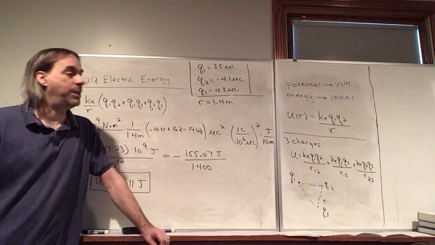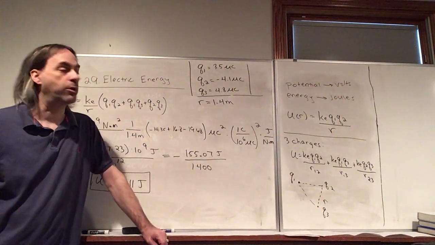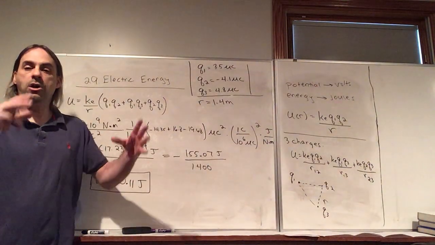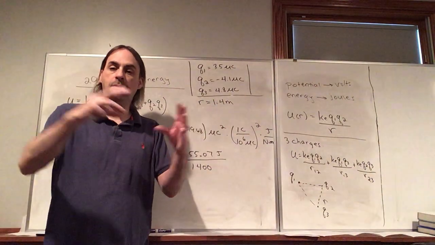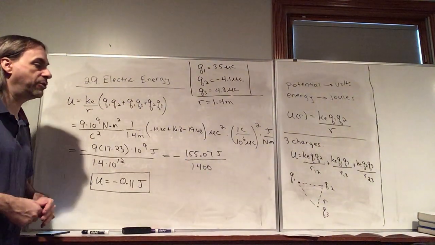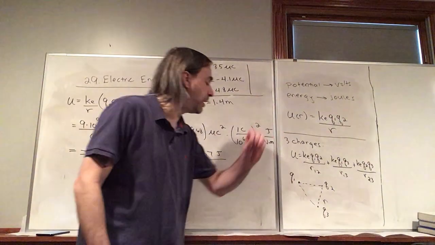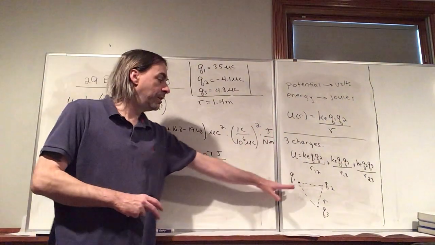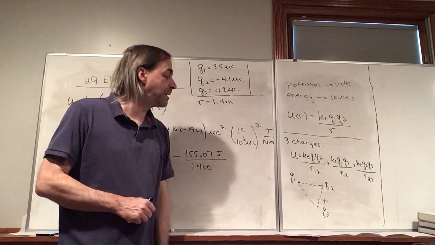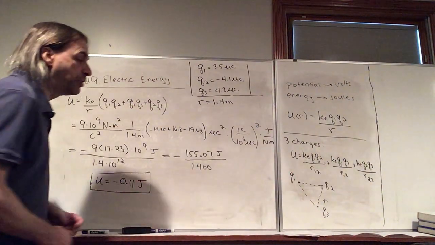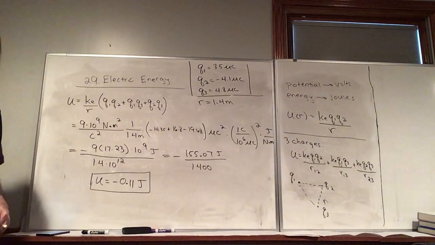So basically, it would not take any energy to put this together because they're mostly attracted to each other. If you put them reasonably close together, they would come together on their own and form some configuration. They wouldn't come into this nice triangle on their own, but you'd have some help putting them in this configuration. And so the actual energy stored is negative in this case.